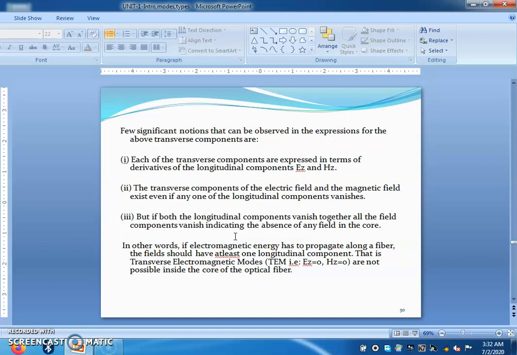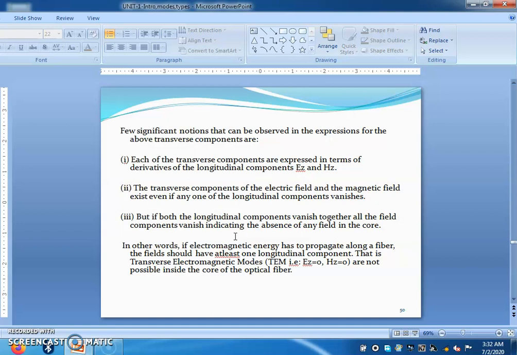From the above equations, a few significant points can be observed. The transverse components have been expressed in terms of the derivatives of the longitudinal components, that is Ez and Hz. The transverse components will exist even if any one of the longitudinal components disappears.